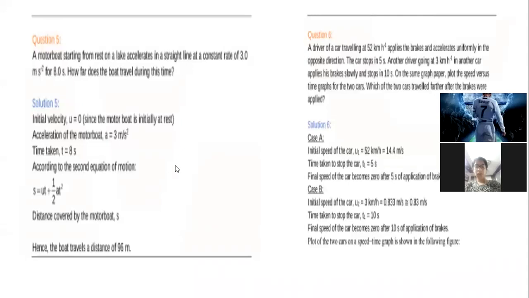Can all of you see here on the y-axis the speed is taken as 14.14 and the time for the first car was 5 seconds. If you consider the second car, the speed is 0.83 and time is 10 seconds. Can you see here 0.83, somewhere below 1, and your time is 10 seconds. So they have drawn the second graph also. So two cars have been drawn.